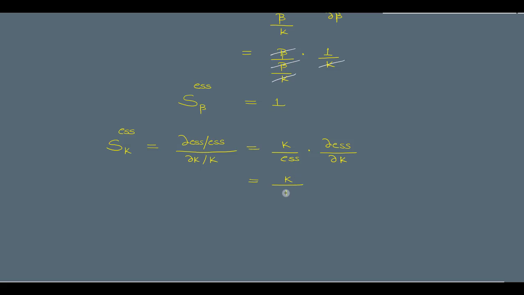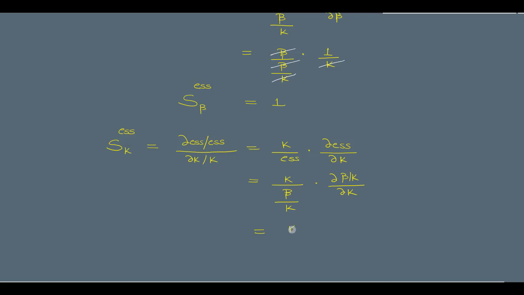ESS is nothing but beta upon K into differentiation of ESS. ESS is nothing but beta upon K, and differentiate this with respect to K.